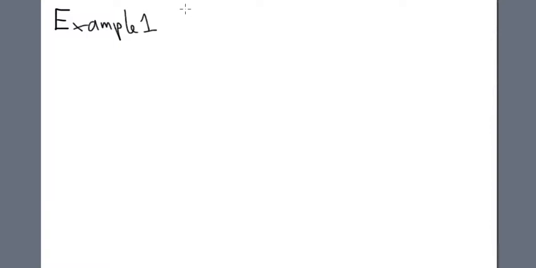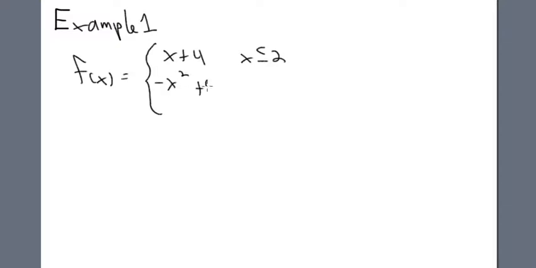Now it uses the following functions. f of x equals, and we have three functions in a bracket. x plus 4 when x is less than or equal to 2. Negative x squared plus 8x minus 8 from 2 to 5. And x plus 2 when x is greater than or equal to 5. Now, it gives us a pretty interesting graph.